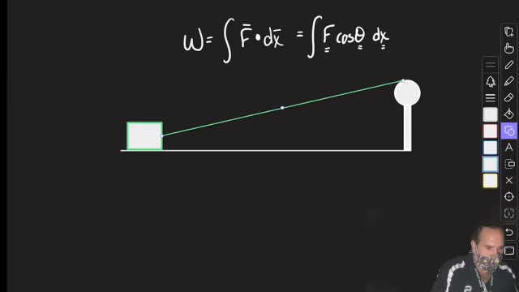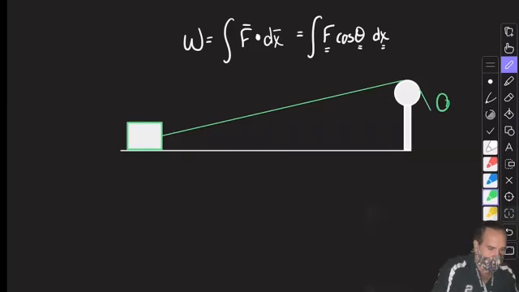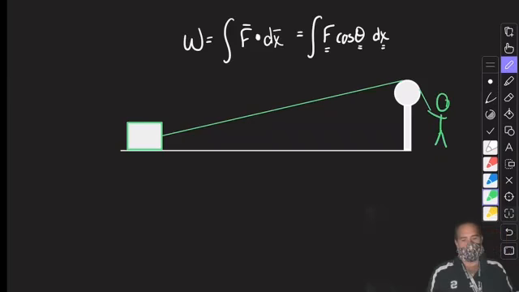And let's see. There we go. So what if I have a guy standing right here and he applies a constant tension to the string? Will the box move to the right? I think it will. It's going to go that way, sure.